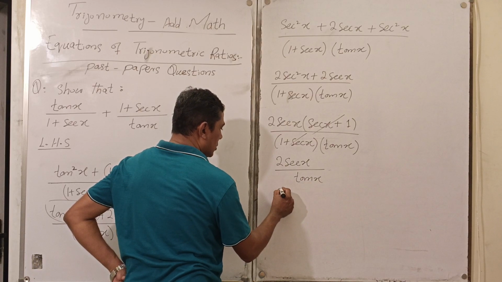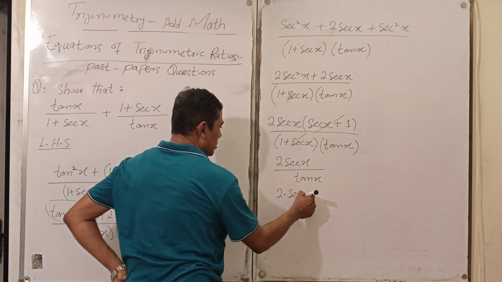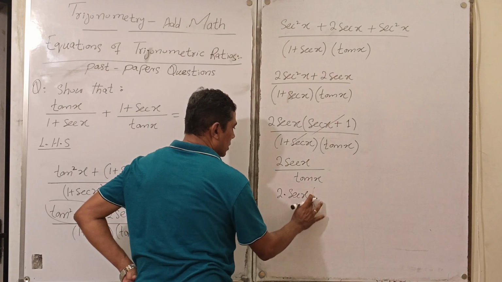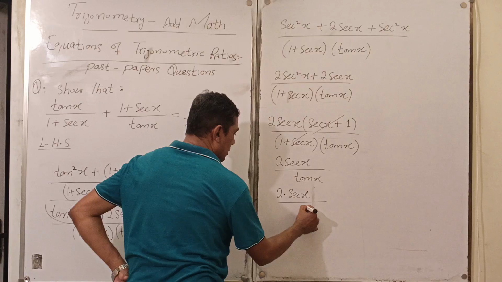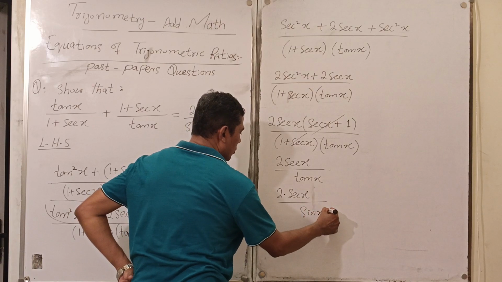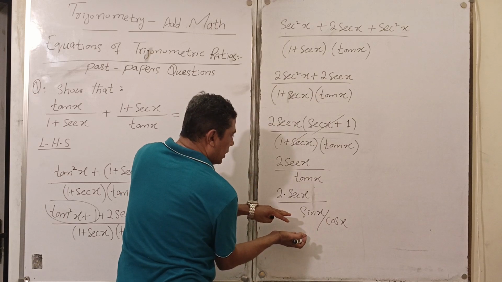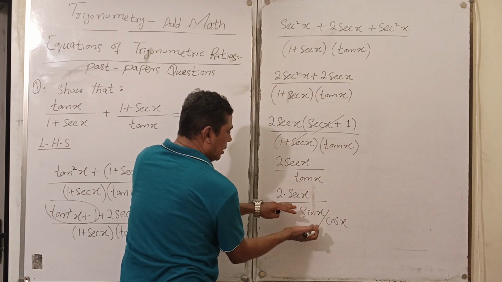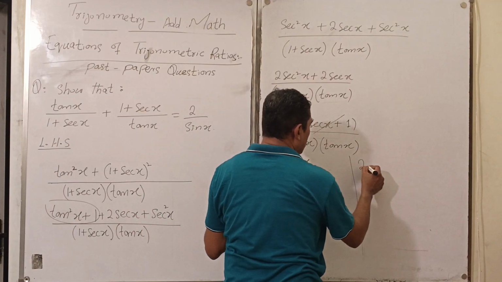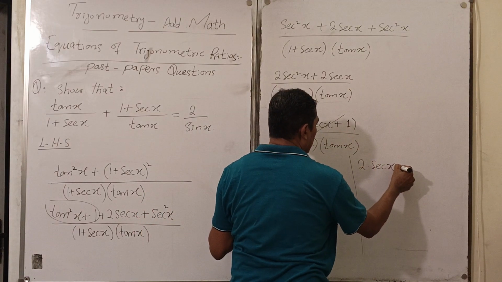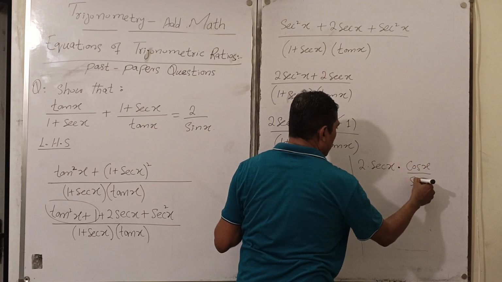So now it is 2 sec x divided by sin x over cos x. When we convert into multiplication, the fraction will be reversed. So what will you have? 2 sec x multiplied by cos x over sin x.